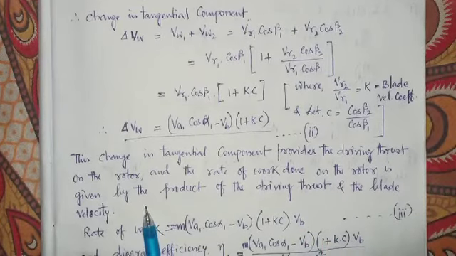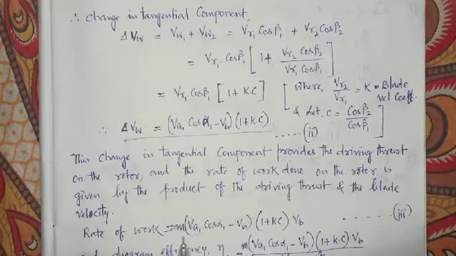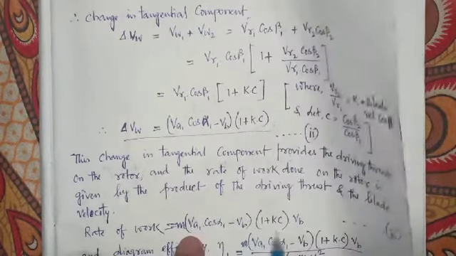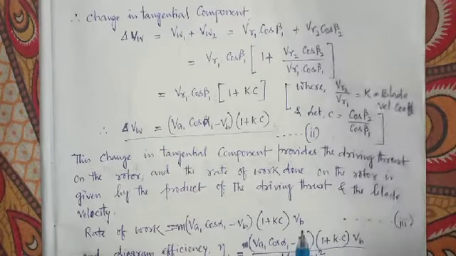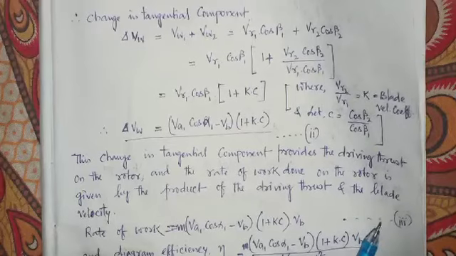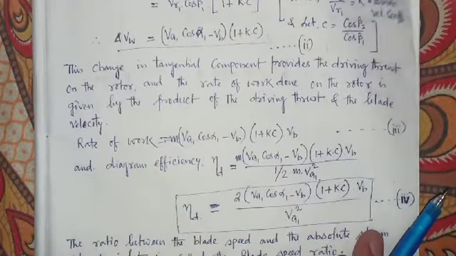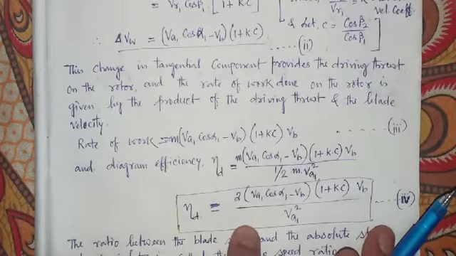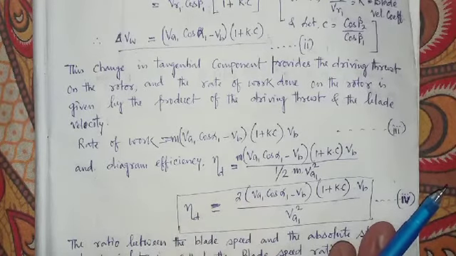Means we can write rate of work equals to this one; this is force, so mass flow rate into velocity of blade. And similarly the diagram efficiency will be this, as similar as we mentioned in the previous case.